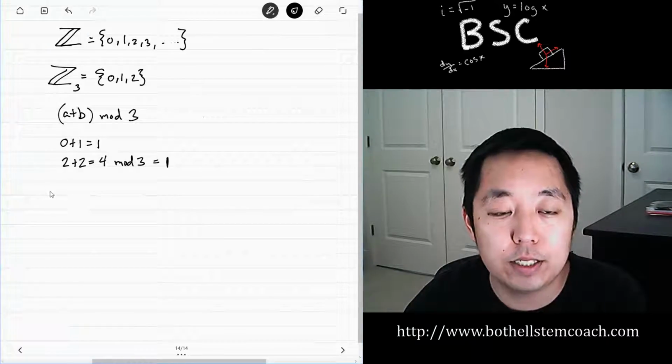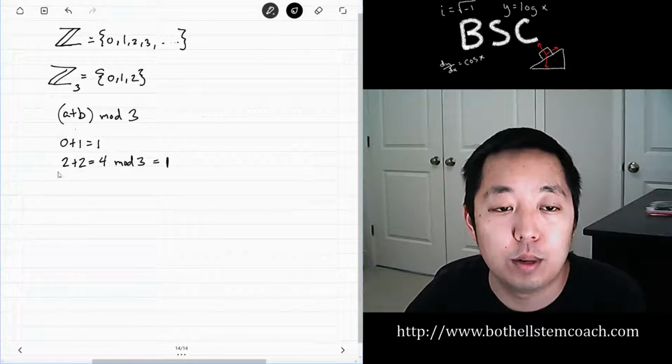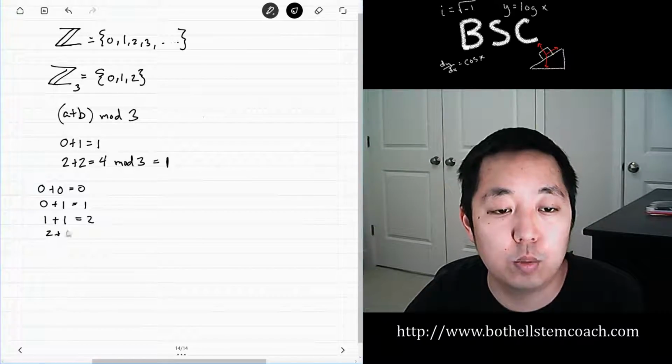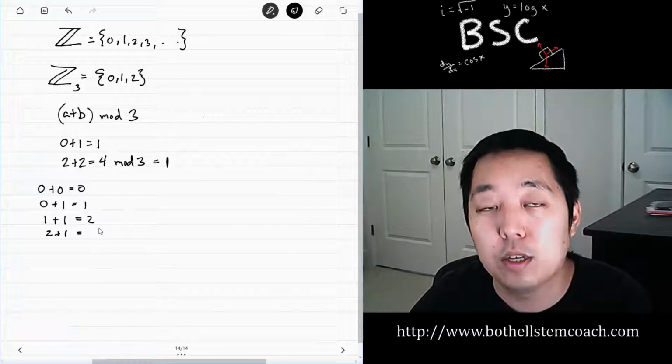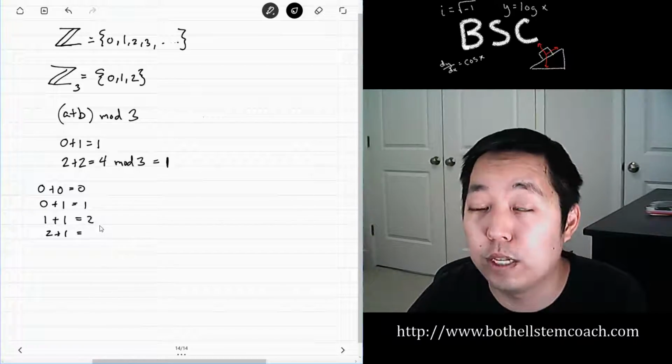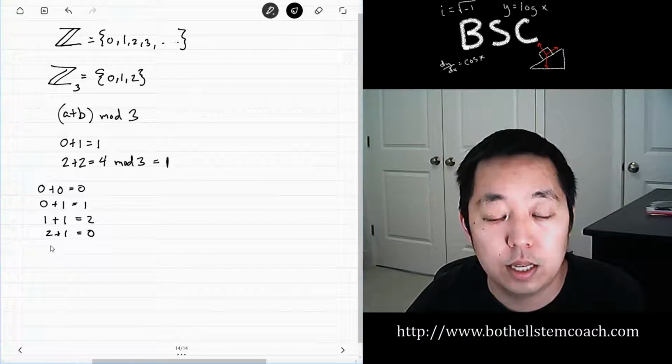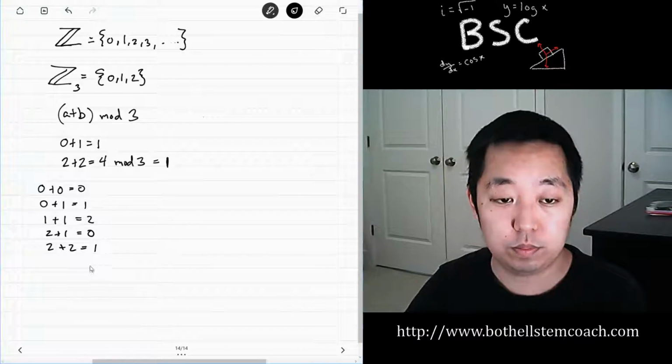So I can write out a table of all the modulo operations. 0 plus 0 equals 0, 0 plus 1 equals 1, 1 plus 1 equals 2, 2 plus 1 would equal 3, and 3 modulo 3, the remainder when I divide 3 by 3, is 0, and 2 plus 2 is 1.